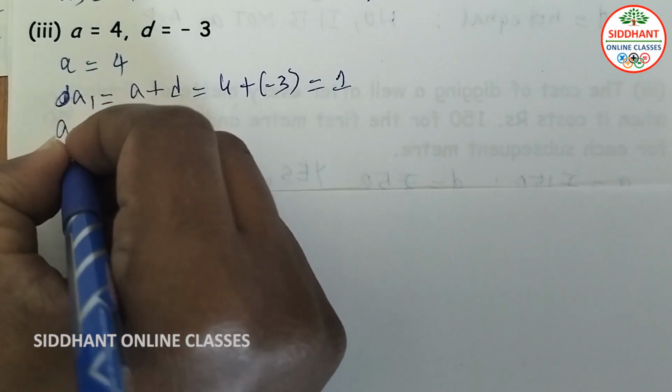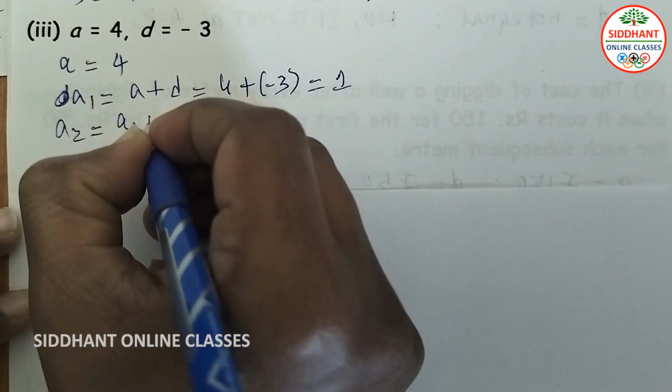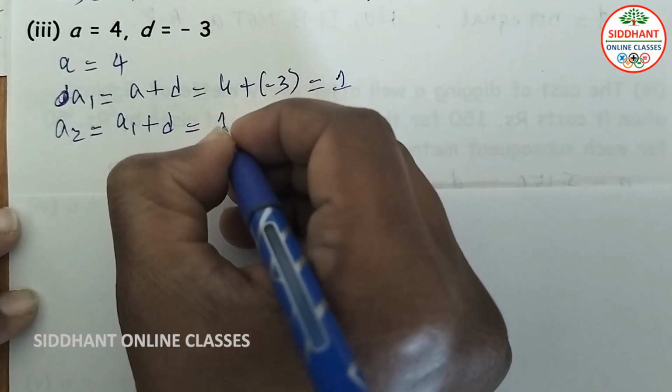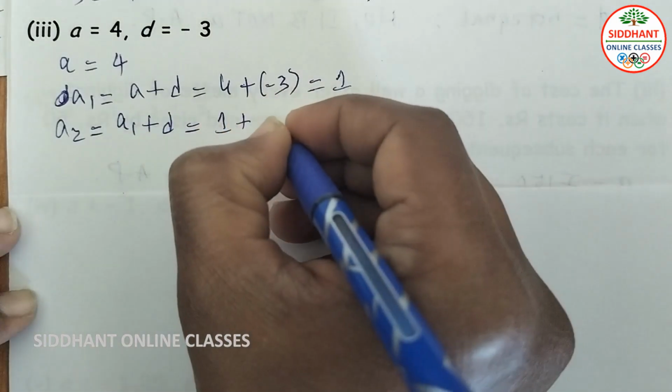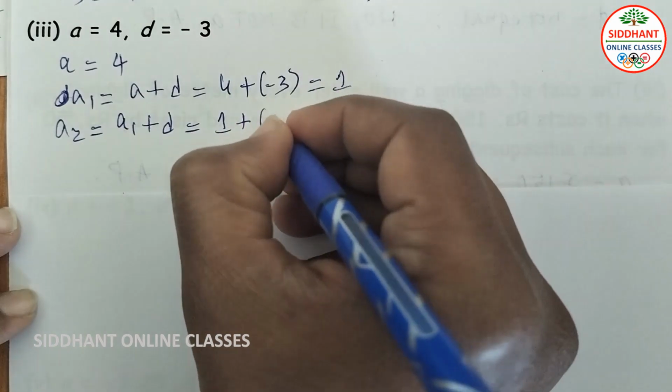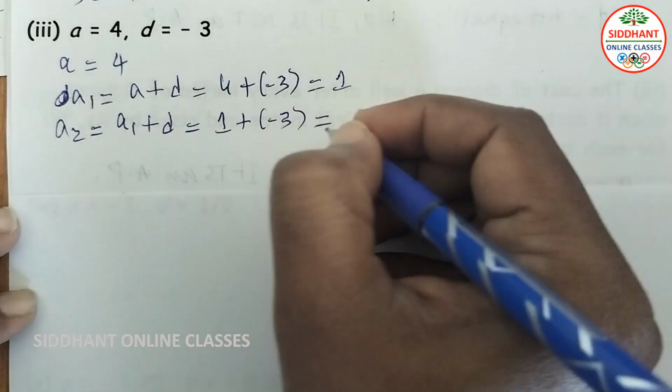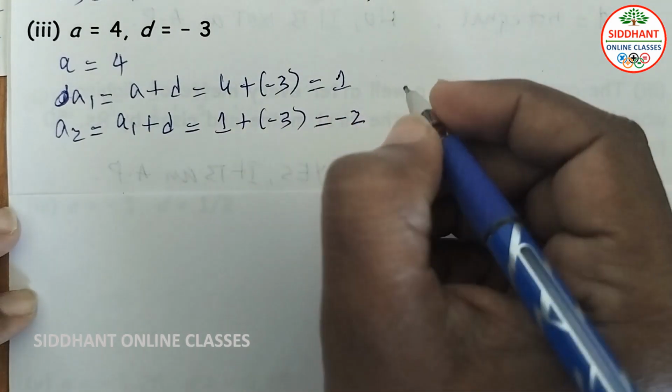Next, A2 equal to A1 plus D. So that will be A1 is 1 here, plus D is minus 3. So that will be 1 minus 3, that will be minus 2 here.